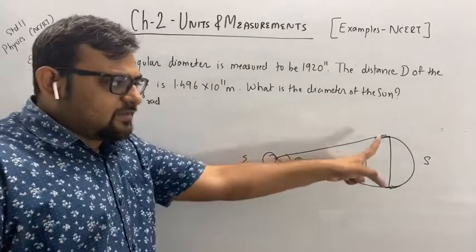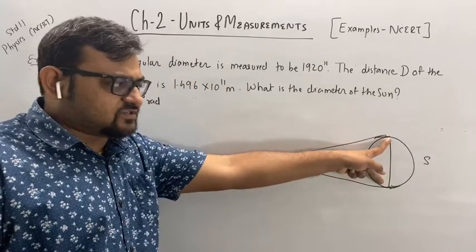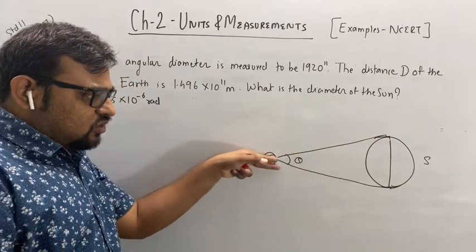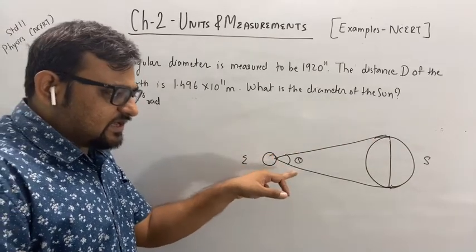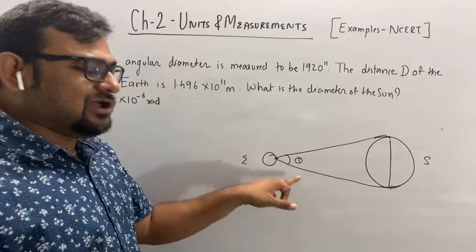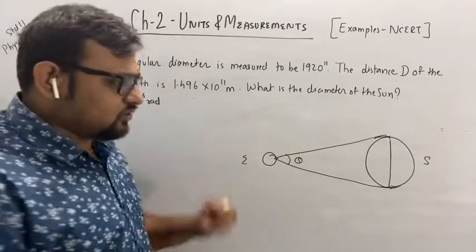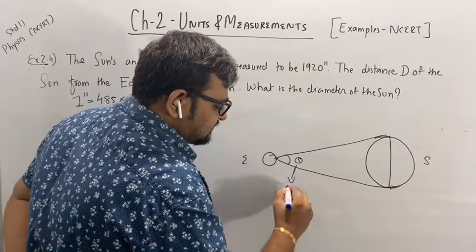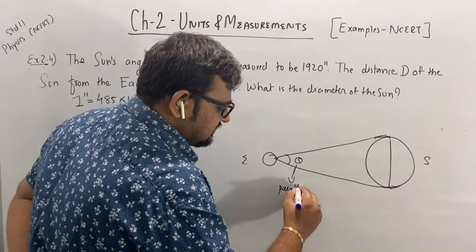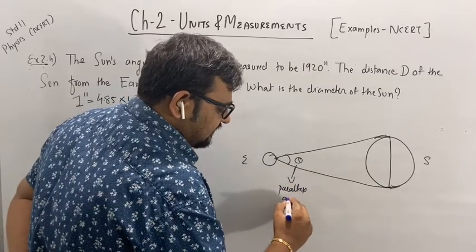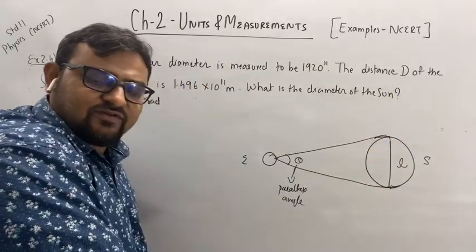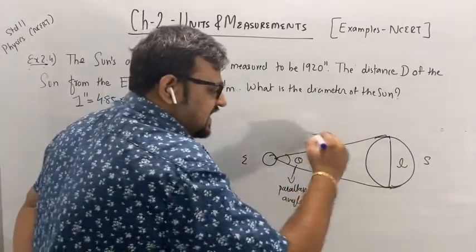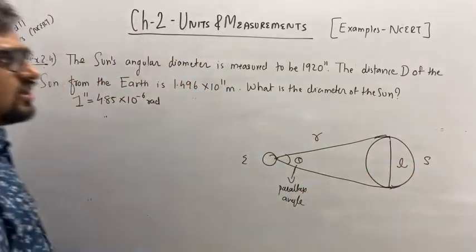When two diametrically opposite points of the sun are observed from a common point on earth, it makes an angle, and that is called angular diameter. Here this theta is the parallax angle, that is the angular diameter. This is the length of arc, we will take the diameter as length, and this is R, the distance between earth and sun.